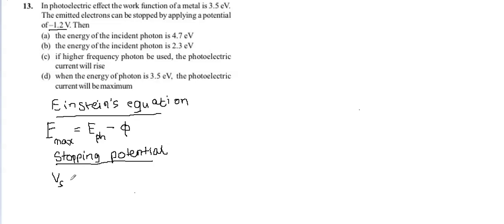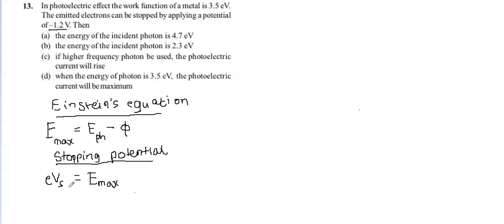This is to be applied in negative direction so that it will stop all the electrons from reaching the other electrode. So that means the charge of the electron multiplied by the stopping potential should be equal to the maximum kinetic energy of the electrons. So these are the two equations we can use to solve this problem.